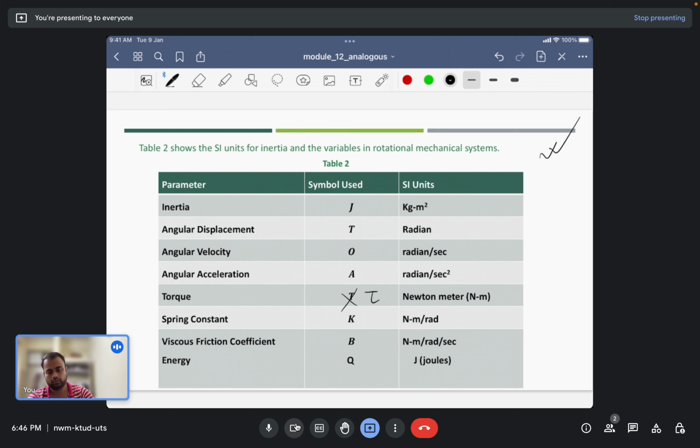This is tau, this is omega, angular displacement is theta, angular acceleration is alpha, and angular velocity is omega. There has been some typing error. And torque is tau, not t. Spring constant is k, viscous friction coefficient is p, and energy is q. Okay.